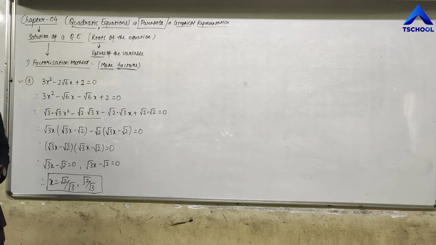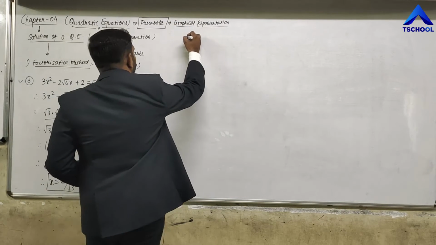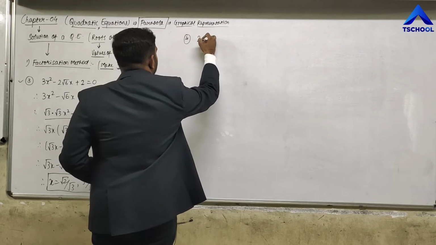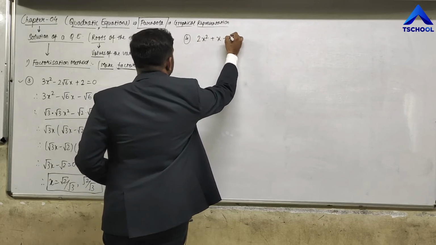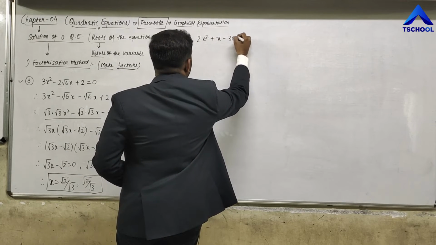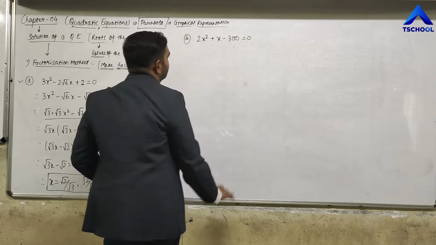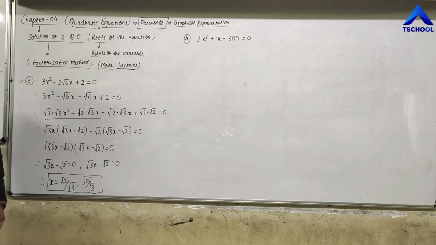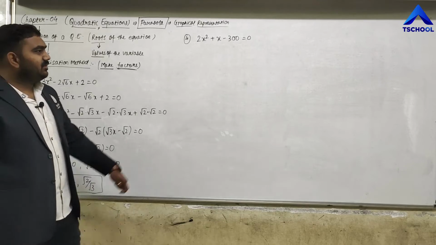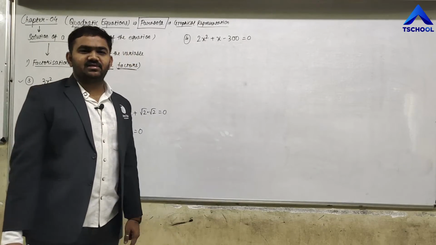Again, let us take one more example. 2x square plus x minus 300 equal to 0. It is quite an easier one. Very easy, I think. So you might know that the middle term here is plus and the last term is minus.